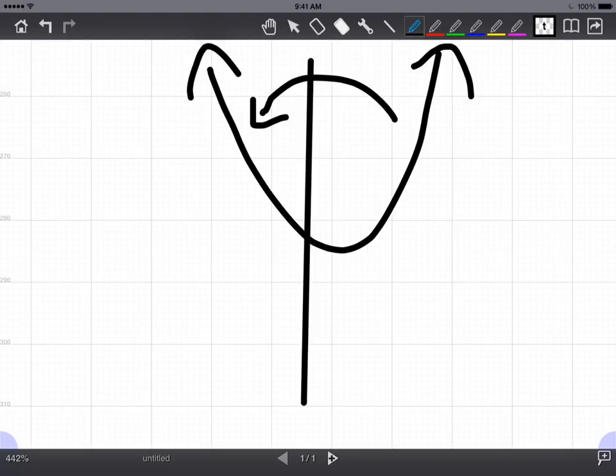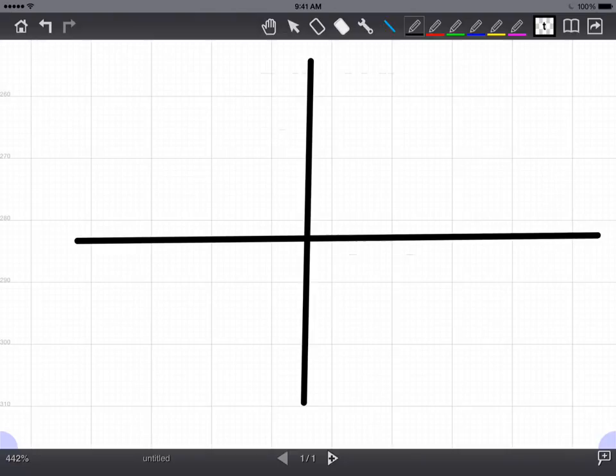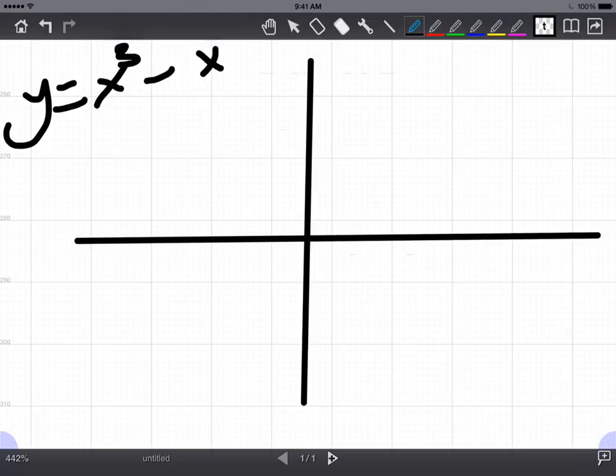So basically, let me just correct this stuff. Okay, so a classic example of an odd function would be y equals x cubed minus x.